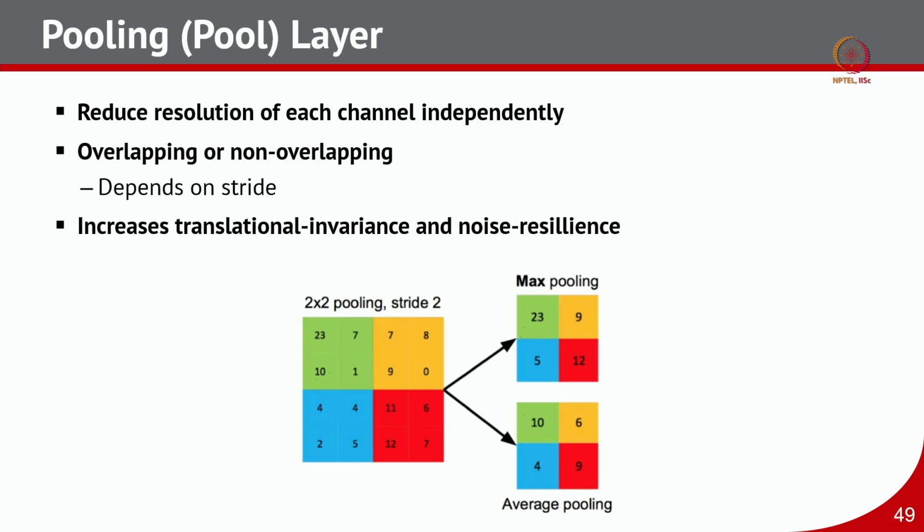It can be overlapping or non-overlapping, depending on the stride, like a convolutional layer. This pooling operation increases translational invariance and noise resilience.